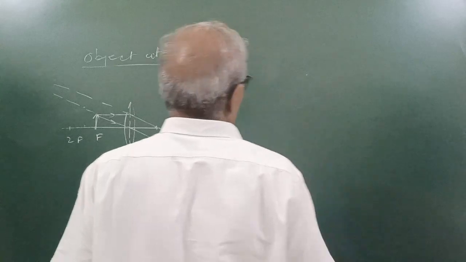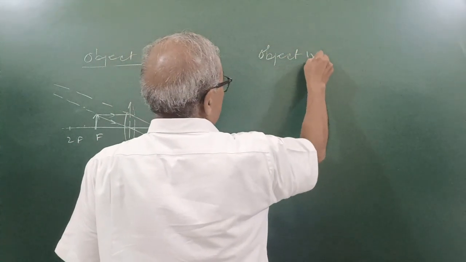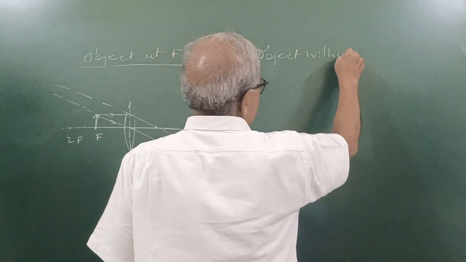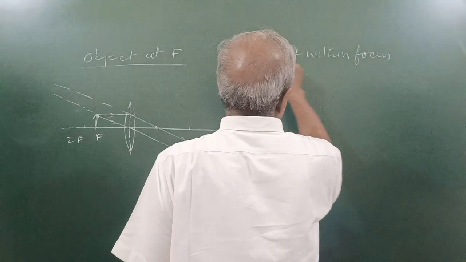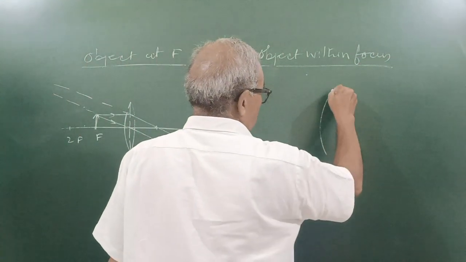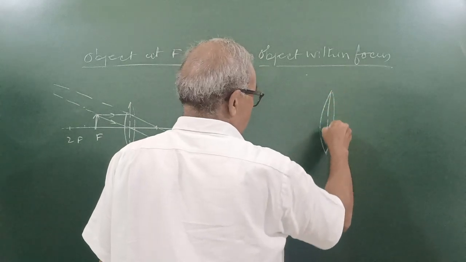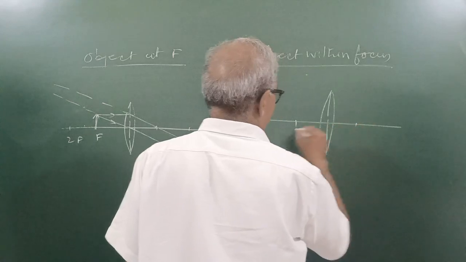Now, if the object is within focus, object within focus, so it is a convex lens, F, 2F.